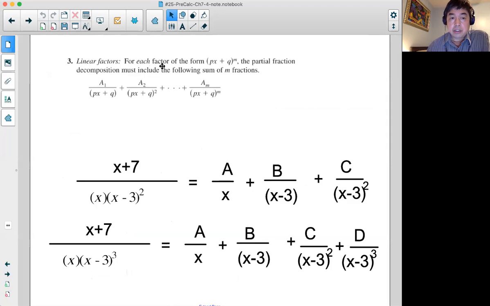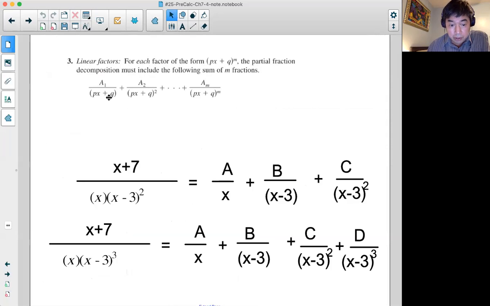For each factor of the form (px plus q) to the nth power, the partial fraction decomposition must include the following sum of n fractions.